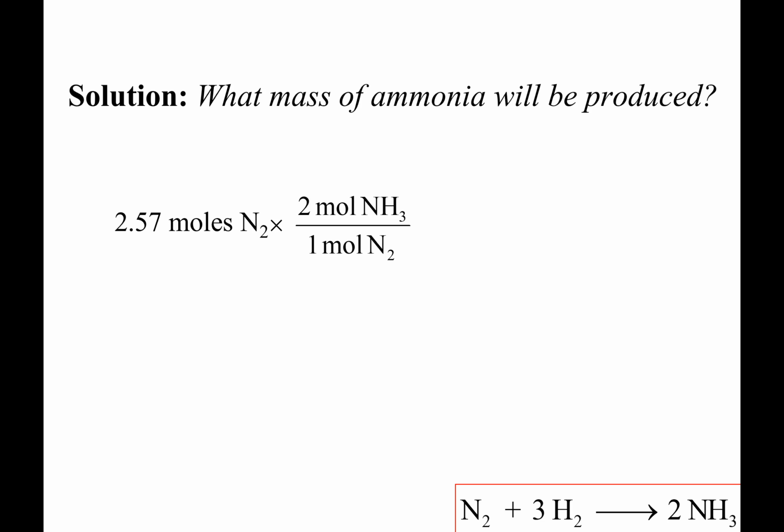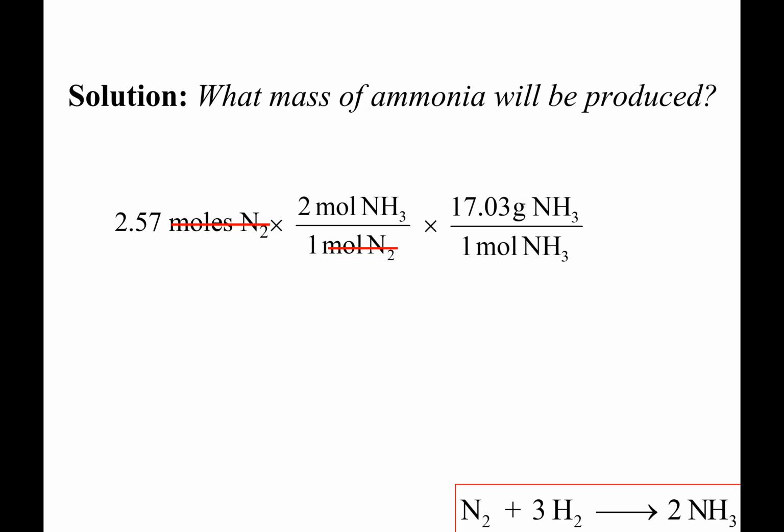And then how are we going to get from moles of NH3 to grams of NH3? It's molar mass, which a few slides ago, we worked out for everything. A few slides ago, we came up with 17.03 grams of NH3 for 1 mole of NH3.